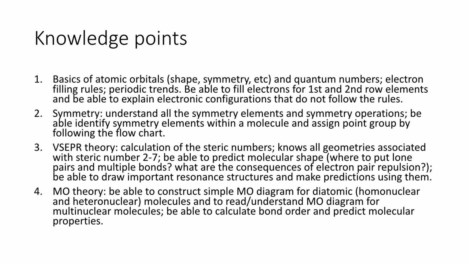For example, a proper rotation axis can generate Cn to the second order, third order, fourth order, all the way to Cn to the nth order. And some of those operations have equivalent symmetry operations. For example, Cn to the nth order is essentially identity operation.